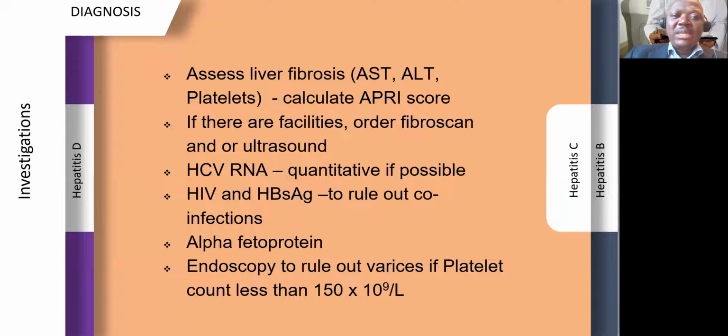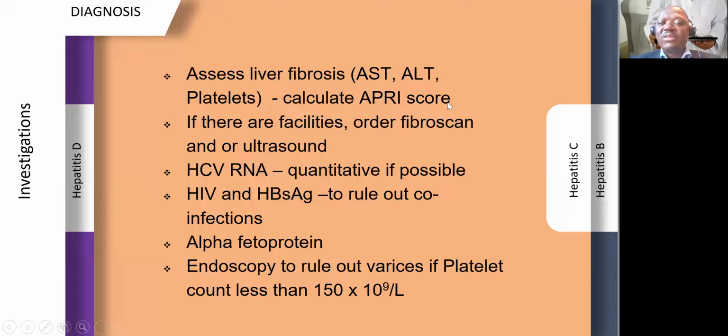So for the C, how do you make a diagnosis? You assess the liver fibrosis doing AST, ALT, and can calculate the APRI score. Now, this is a score that has been validated to be helpful, particularly where resources are limited.